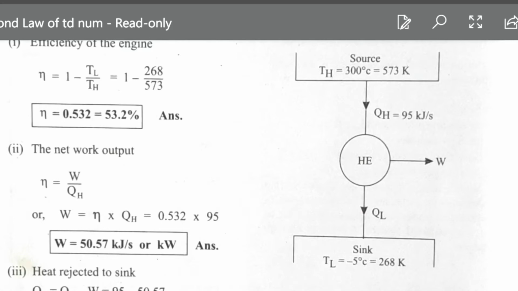Okay, so we want to determine the efficiency of the heat engine, the net work output and the heat rejected to the sink. First of all, we determine the efficiency of the heat engine. Efficiency eta is equal to 1 minus TL upon TH. TL is 268 and TH is 573. We know that the efficiency of a Carnot engine depends only on the temperature of the two reservoirs, that is, source temperature and sink temperature.